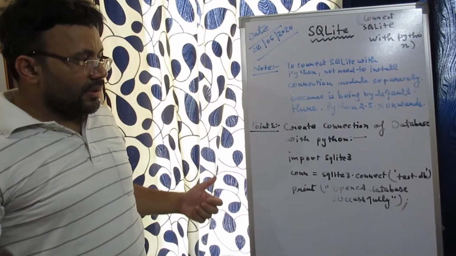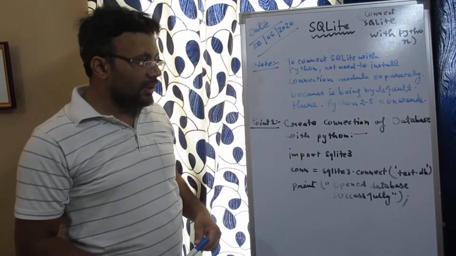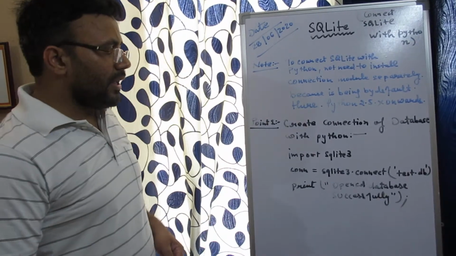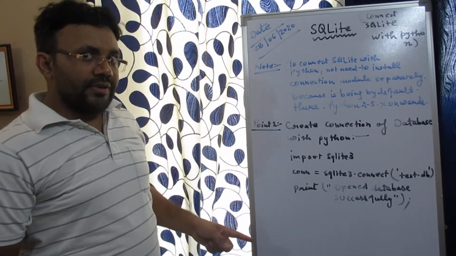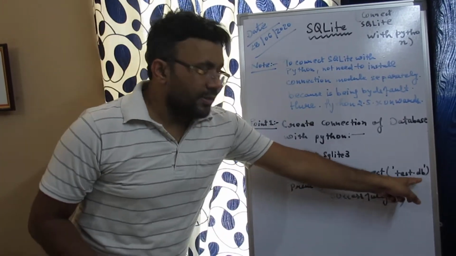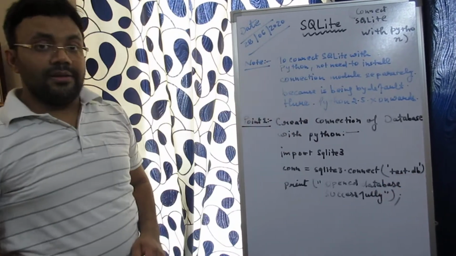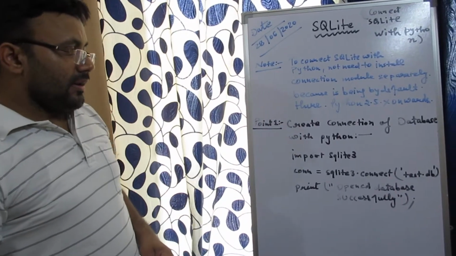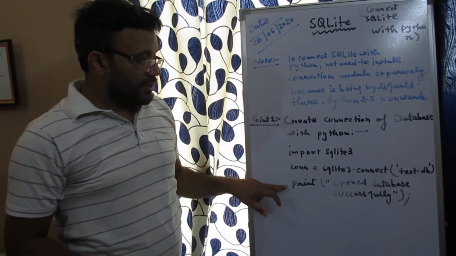Once we trace the path to SQLite 3 and set it, we open the command prompt and run the command sqlite3 database name.db. So the database file name is test.db, which is our important database file. Once you have this file under SQLite 3, you just create the connection.